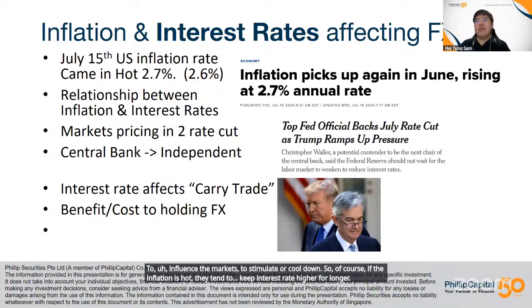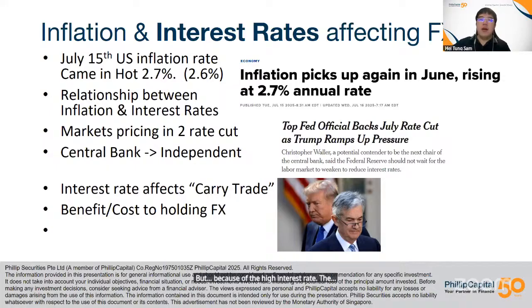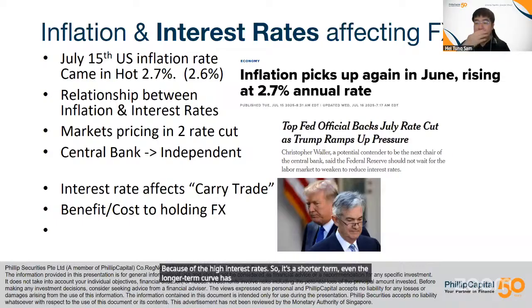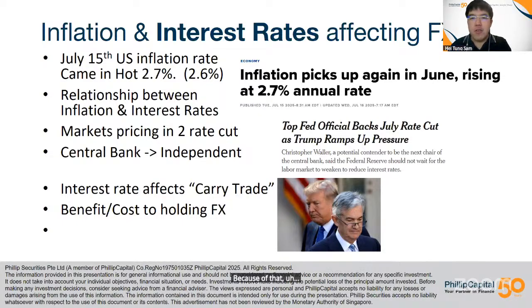But because of the higher interest rate, the US government debt actually costs more. Even the longer term curve has been correlated with the short term interest rates. Because of that, Donald Trump has been putting pressure on the Fed to lower interest rates as fast as possible.